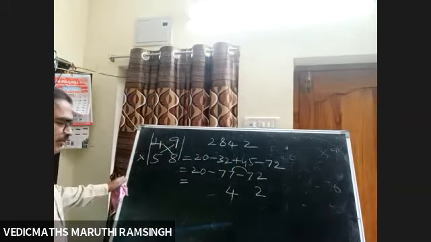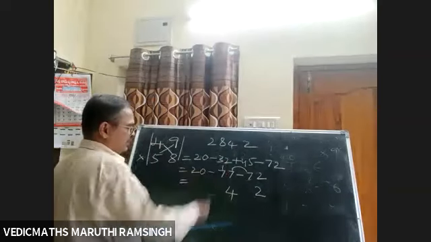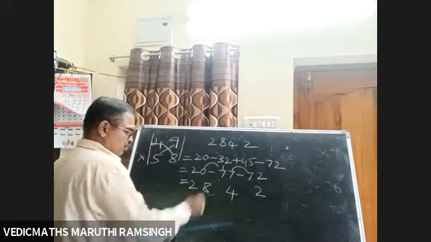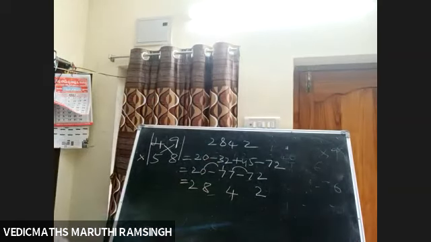We got double-digit number. Write 4 outside and adjust 1 here. 8 plus 0, 8. 2 comes down. 2842 is the answer.